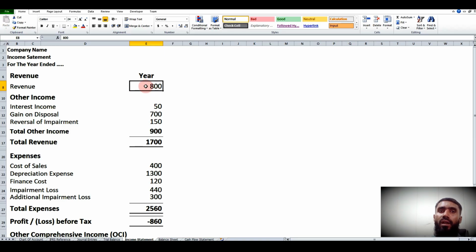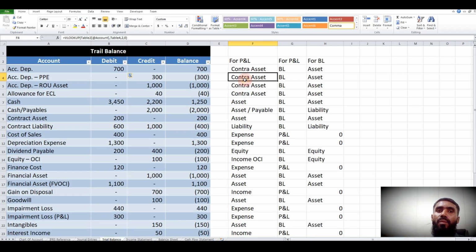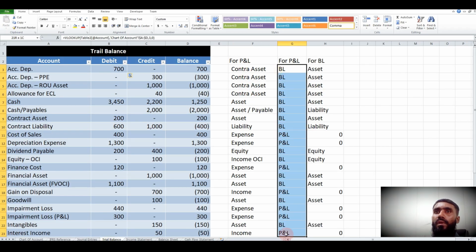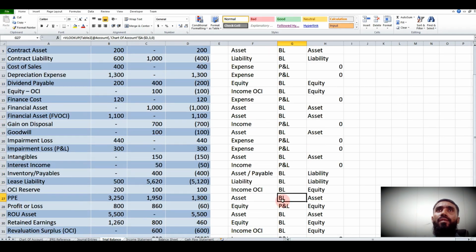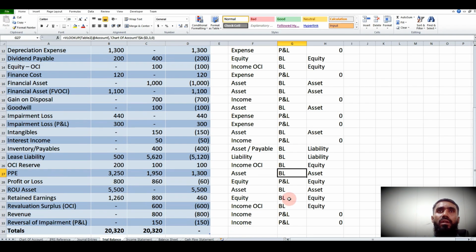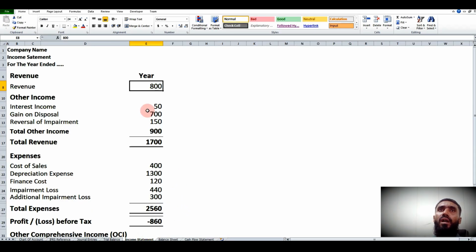Then you will be able to do this, how to automate financial statements with the trial balance. Now I have linked all the accounts, which account goes where.